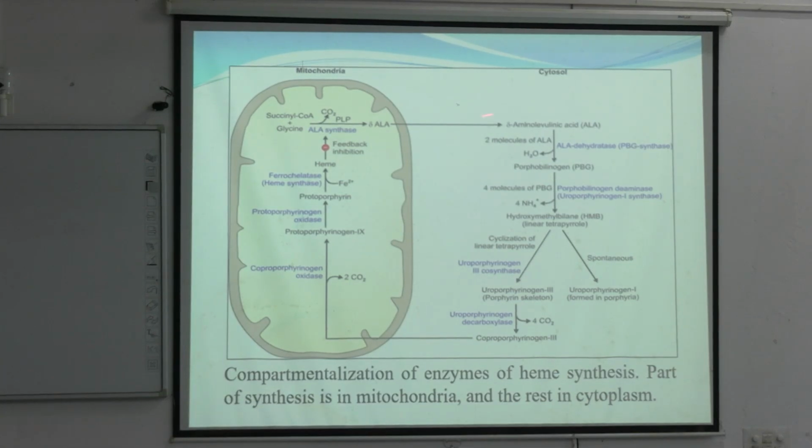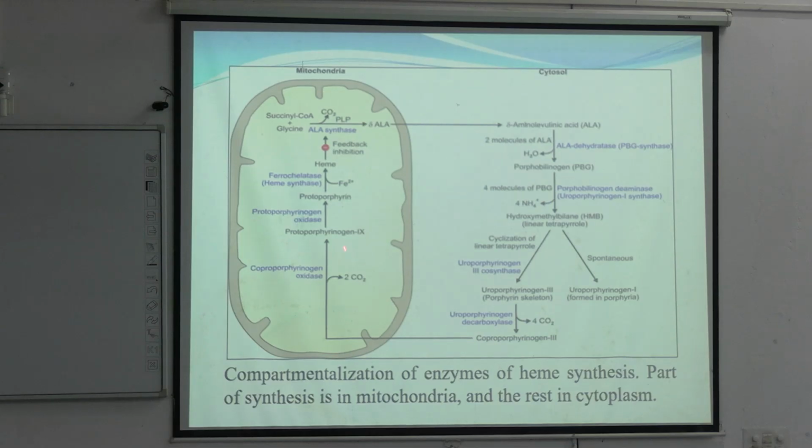So all the steps. Next, two molecules of ALA are condensed to form porphobilinogen. Then 4 molecules of porphobilinogen are converted to linear tetrapyrrole. Then a porphyrin skeleton is formed named uroporphyrinogen 3. Then it is decarboxylated to convert the acetyl groups to methyl groups in coproporphyrinogen 3. Then this again comes to cytoplasm.